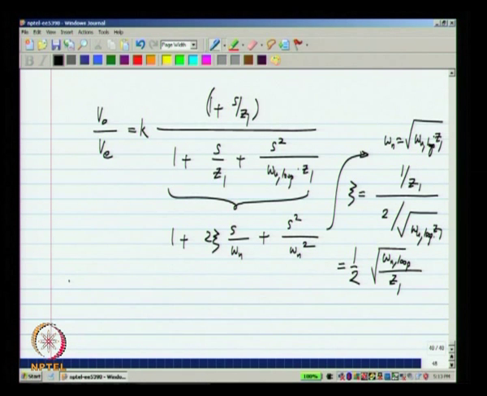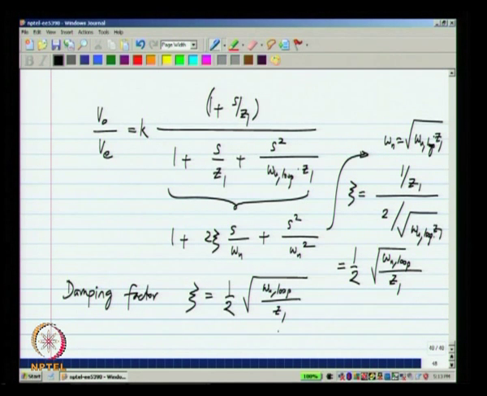Okay. So, the damping factor zeta equals half of omega u loop by Z1.